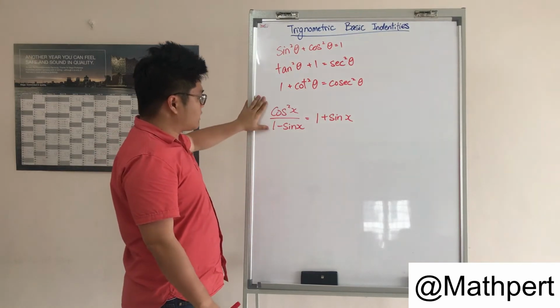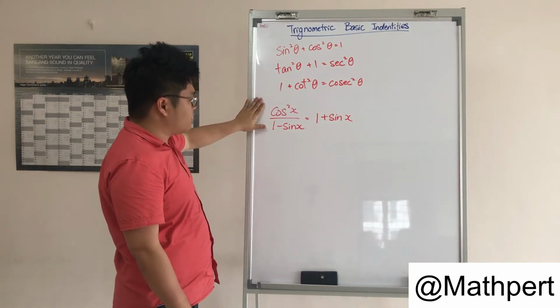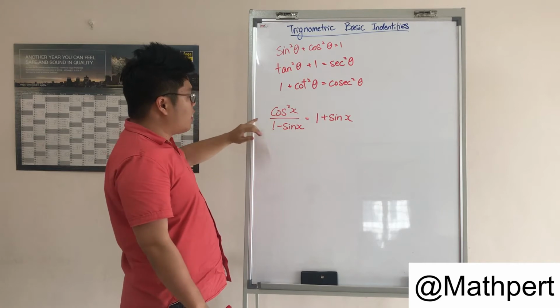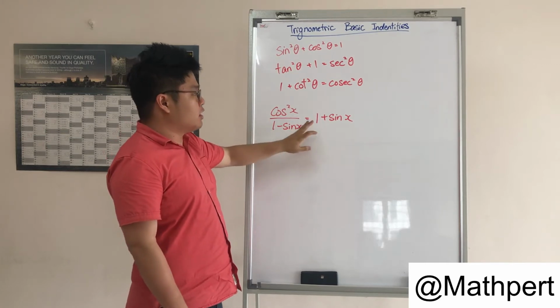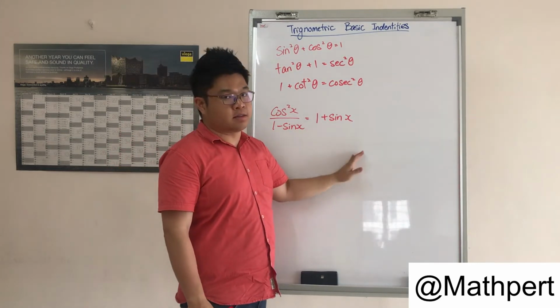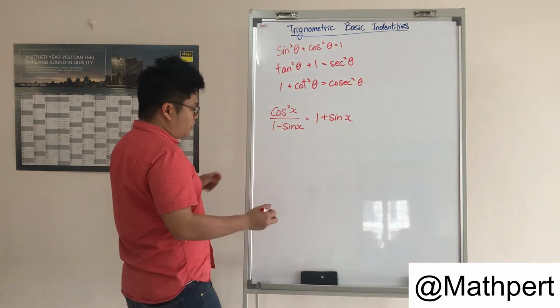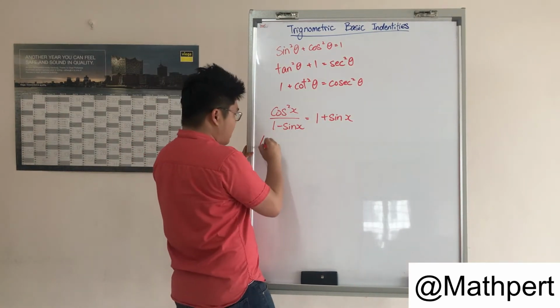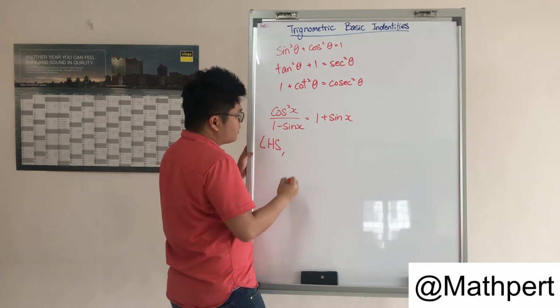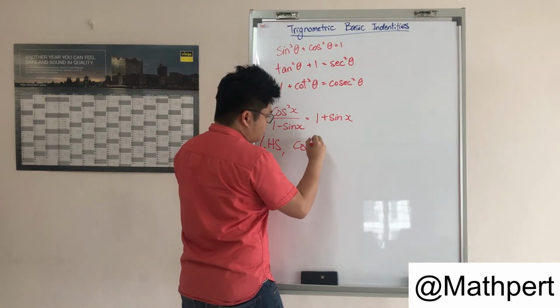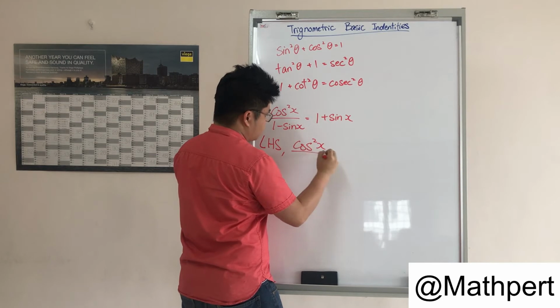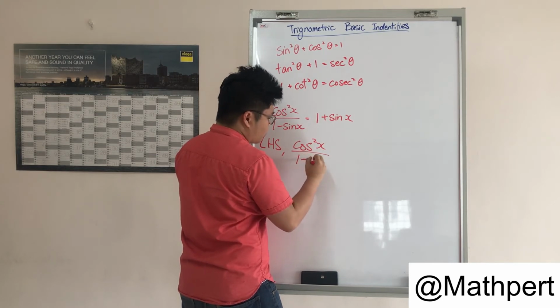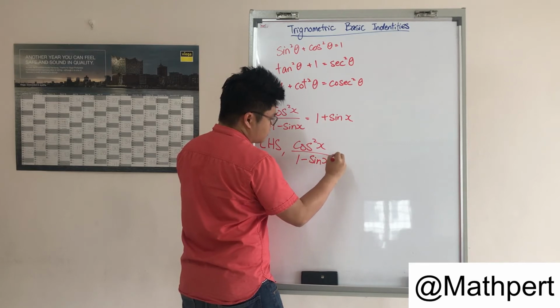Now let's take a look at this example. We are asked to prove that cos square x over 1 minus sine x equals 1 plus sine x. So how do we do it? First, we start from the left hand side. Left hand side, alright? So cos square x over 1 minus sine x.